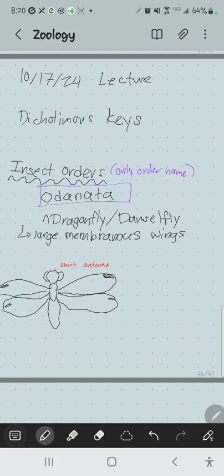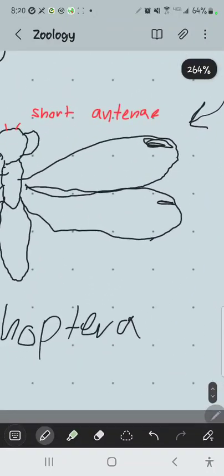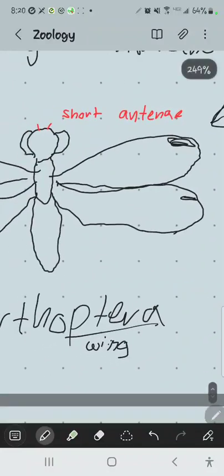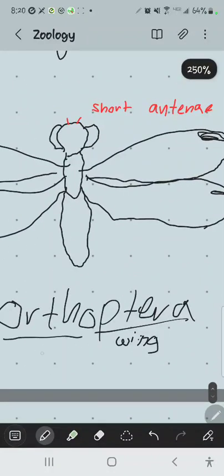So Orthoptera is referring to the grasshoppers and the crickets and the katydids, and the name ptera means wing in Latin. And ortho, you probably know this name from the orthodontist. That's the doctor that straightens your teeth, right? So this means straight wing is what the name literally means.